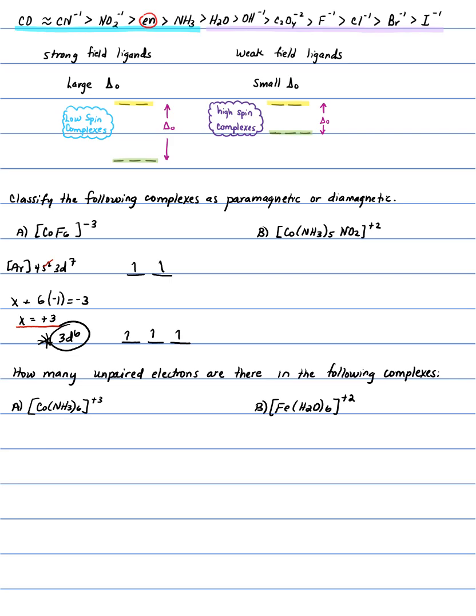Since this is a high spin complex, we move from the bottom orbitals to the top ones. We have all 5 electrons, and now we have to place the 6th electron. Now the 6th electron, we go back because we have 1 electron in each orbital. So the 6th one, we have to pair that electron because you don't have any more orbitals available that are empty. So this will be my 6th electron right there.